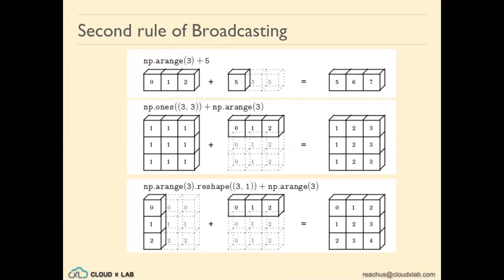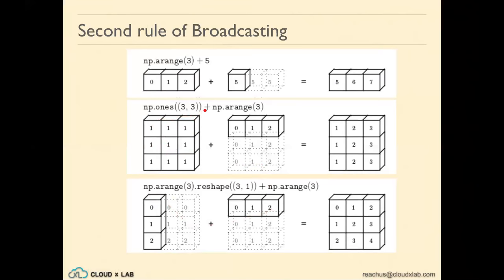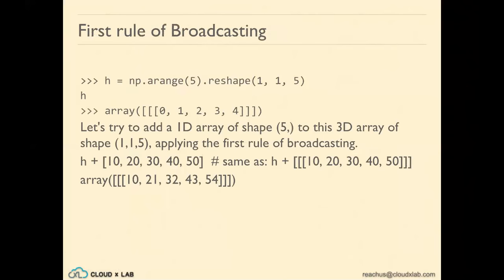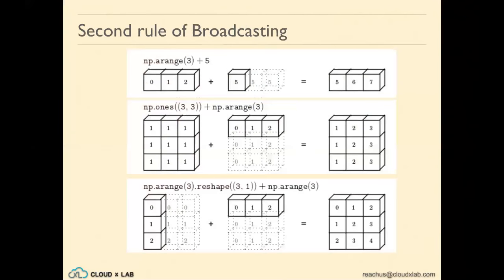A question from Noor is, what would happen in case of 3 dimensions? In case of 3 dimensions, imagine that we're adding this one to something that is 3 by 3. What will happen is this whole slice will repeat to match the other one. So the first rule tries to add one more dimension and the second rule tries to repeat elements.